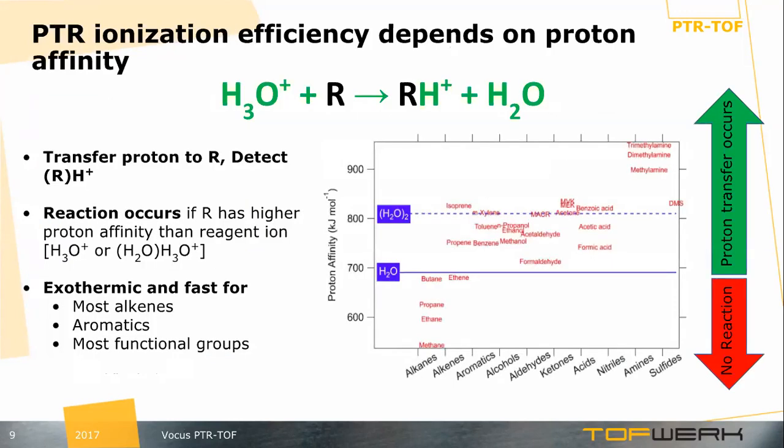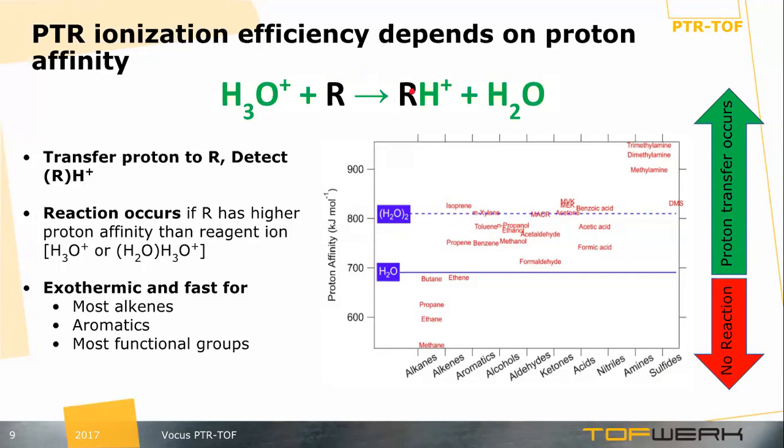So in order to start talking about the Vocus, we need to first talk about PTRMS and proton transfer reactions and how they proceed. If we want to measure a VOC termed R in the atmosphere, the goal is to react H3O+ ions, so hydronium ions, with neutral molecules R to protonate R and make an adduct.